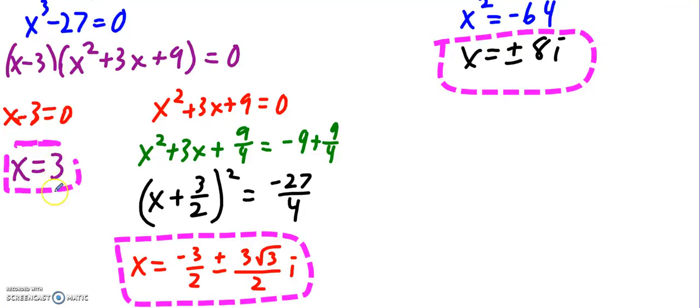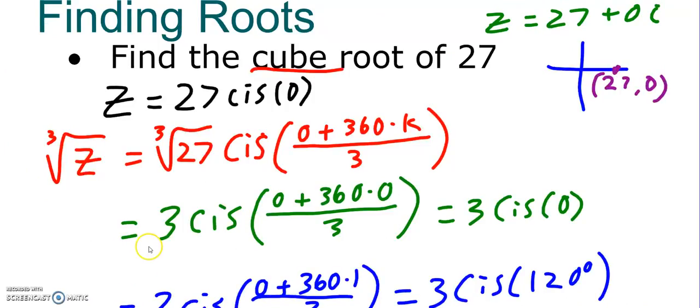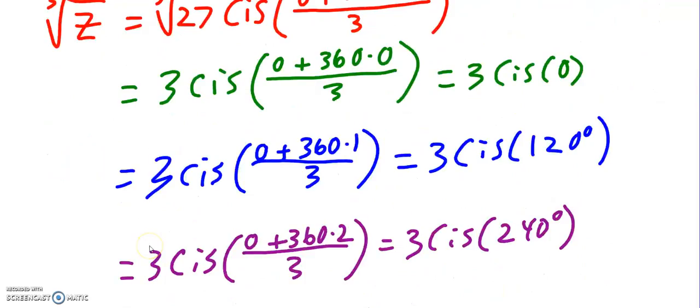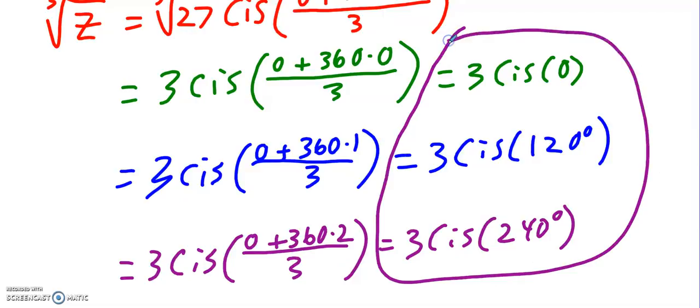And then the 3 CIS of 0 was just x equals 3. So our 3 complex roots of the cube root of 27 are 3 CIS of 0, 3 CIS of 120, and 3 CIS of 240.